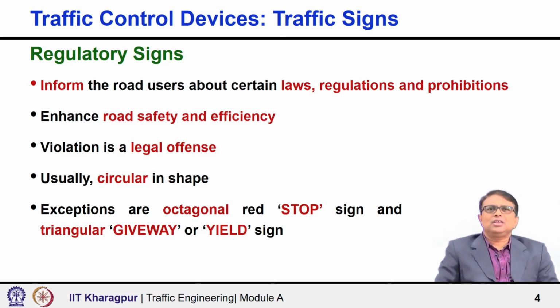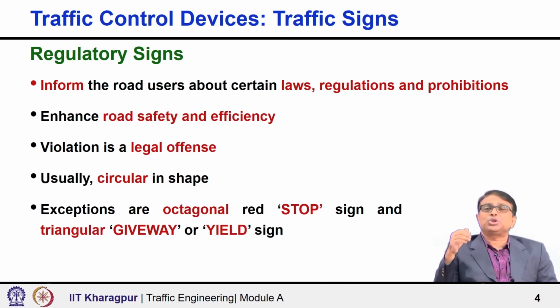On the other hand, the give way sign indicates priority. That means, in exactly the similar situation, instead of a stop sign, if there is a give way sign, you have to slow down, but stopping is not mandatory. If you do not find a suitable gap, then you have to stop, and as and when you get a suitable gap, you may proceed.